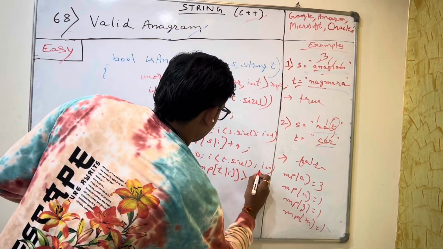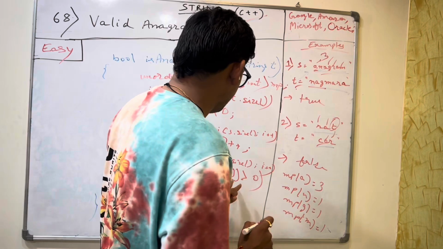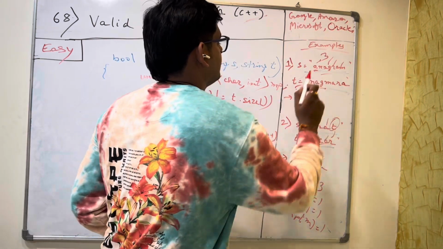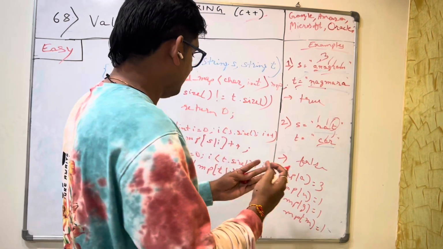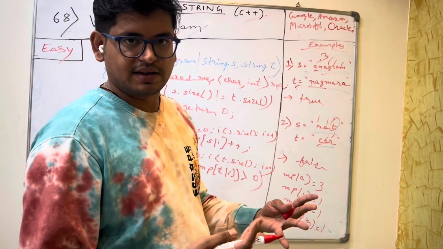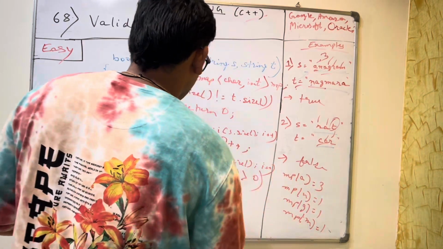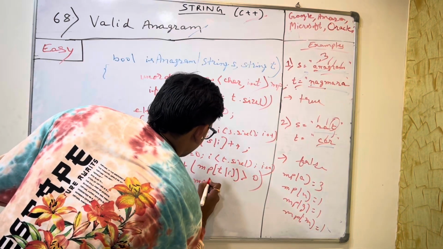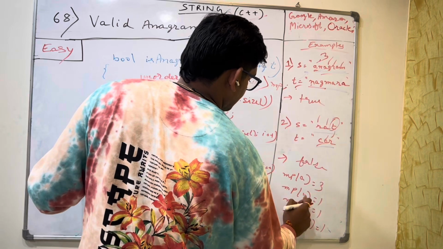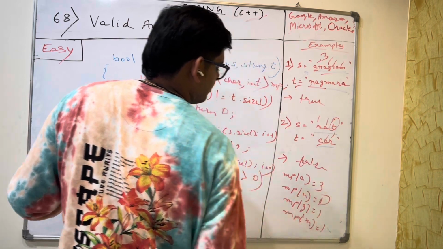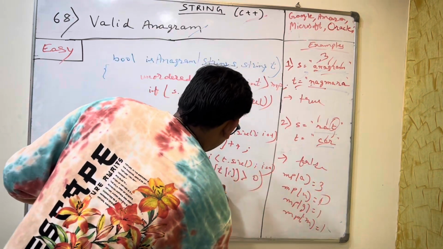If it is greater than 0, that means when we are traversing the elements in T, we see in the map that the element is present, right? If it is present, then only it would be greater than 0. So if it is present, we will decrease the value. Since we have seen it, say here N is present already, so we'll make MP of N as 0.